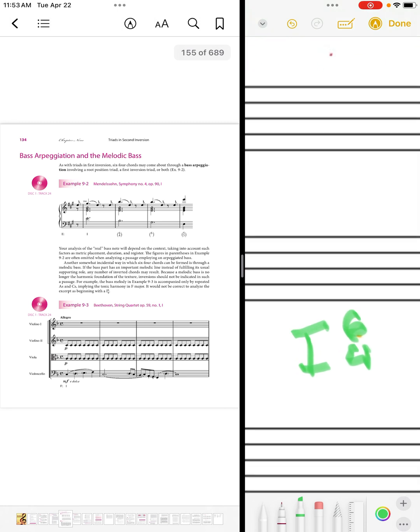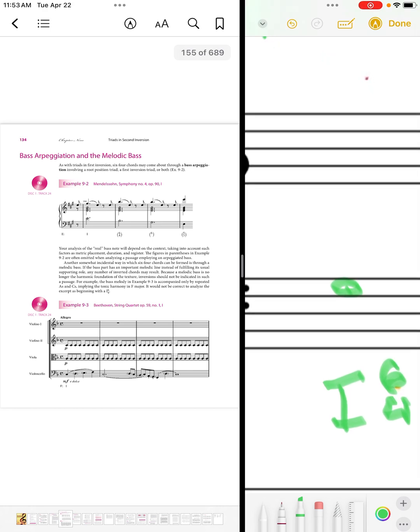So I'm going to have to find a way to make sure that the G goes in the bass, since that is going to be your bass note. Now I have to figure out the other two, the E and the C. This is going to be my prerogative.